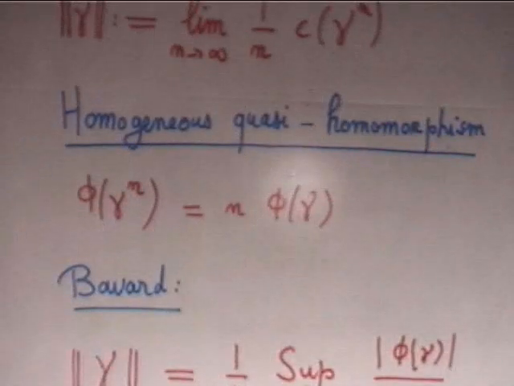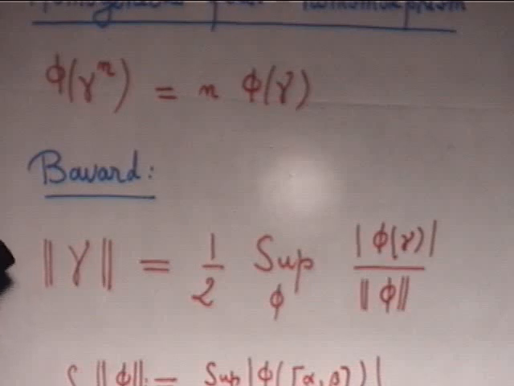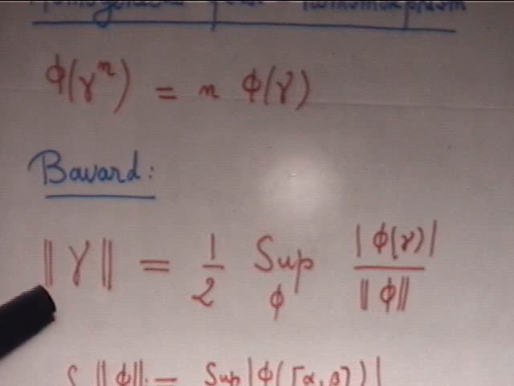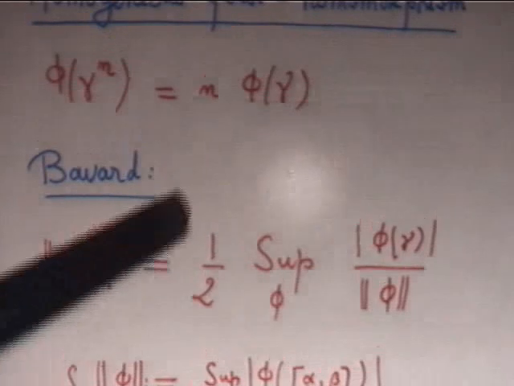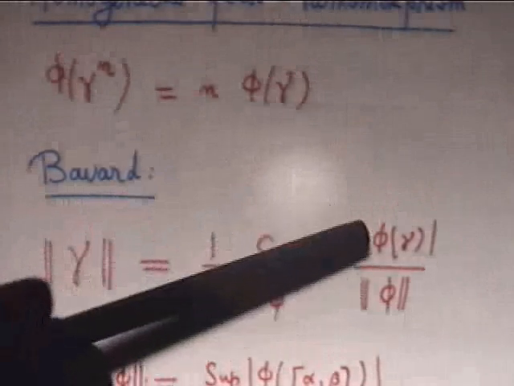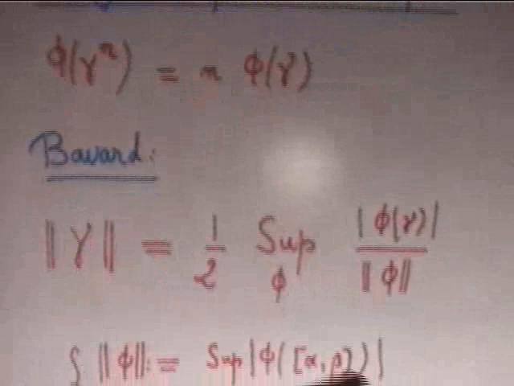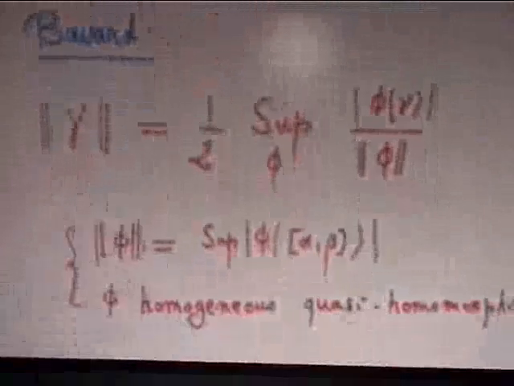And there is a kind of duality, which is also due to Bavard, which tells you that it's kind of a Hahn-Banach theorem. You can compute the stable length of an element gamma as being 1/2 of a supremum of the evaluation of phi of gamma divided by norm of phi, where norm of phi is some norm for the homogeneous quasi-homomorphism.